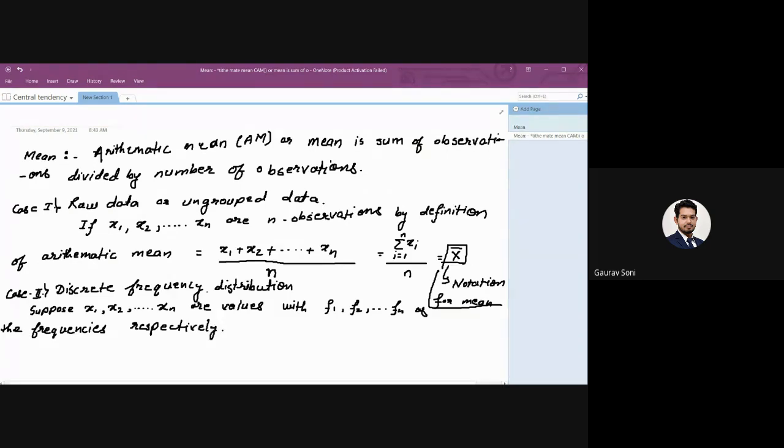By respectively, I mean that for x1, the frequency is f1, for x2, the frequency is f2, and so on.